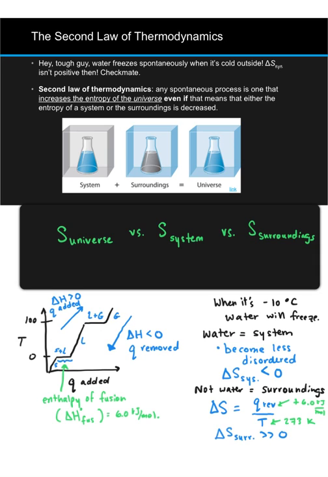The entropy of surroundings is much, much greater than 0 because heat energy is being given off from water to its surroundings. Together then, because these two quantities, the entropy of a system and the entropy of surroundings, make up the universe, the universe as a whole changes its entropy in a positive way.